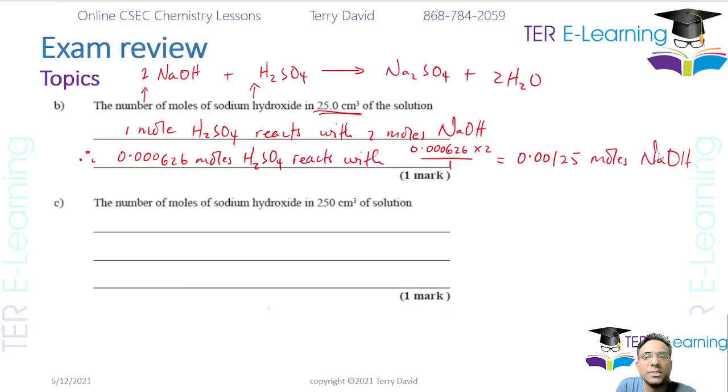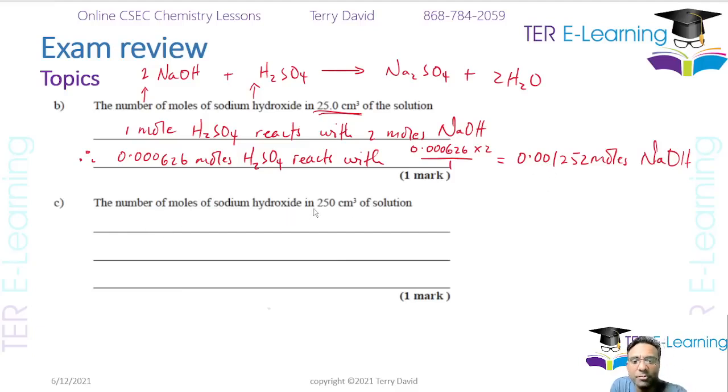Right? So this is the number of moles that actually is in 25 cm cube. Hope you all follow that. All I did there was use the mole ratio in order to do that. You all can put in the 2 here, or you can leave it out. So it's 0.001252, right? That's fine.